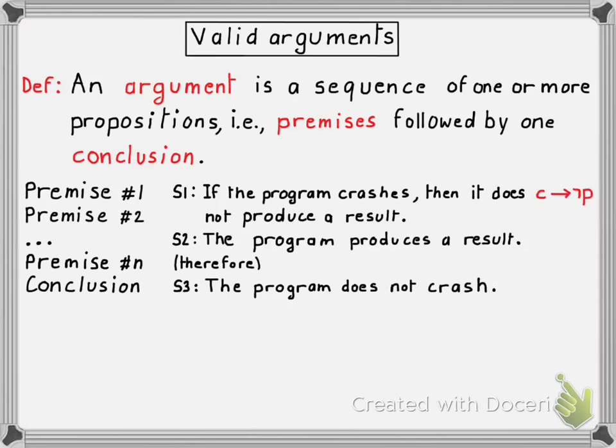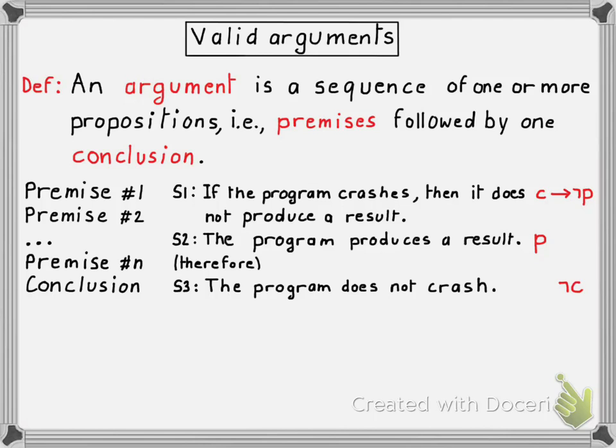C implies not P, where C stands for the proposition, the program crashes, and P stands for the proposition, the program produces a result. The second proposition, S2, translates to the atomic proposition P, and the sentence S3 translates to the compound proposition not C.